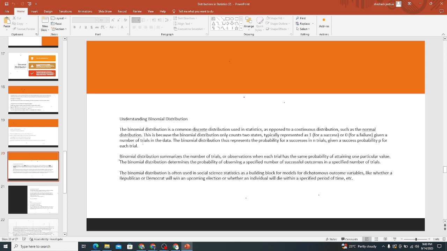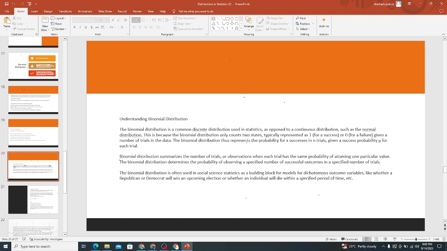The binomial distribution is a common discrete distribution used in statistics, as opposed to a continuous distribution such as the normal distribution. This is because the binomial distribution only counts two states, typically represented by 1 for success and 0 for failure, given a number of trials in the data.